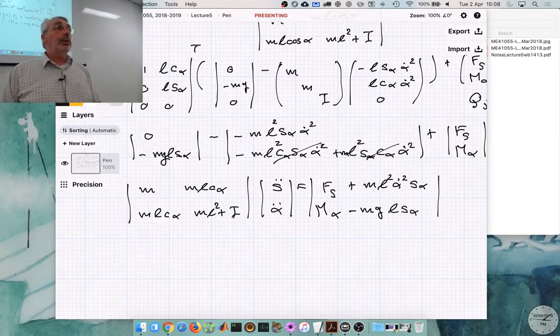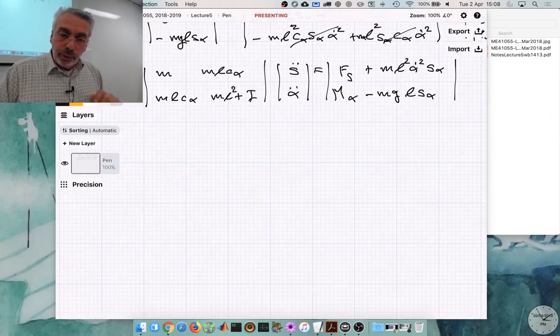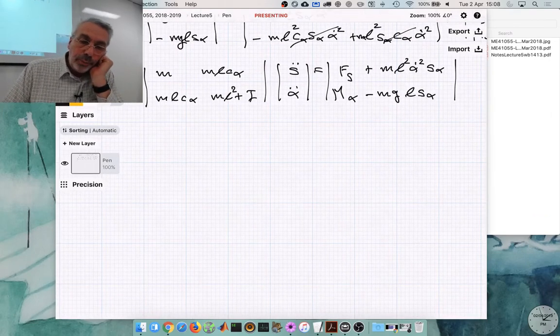So these are just the equation of motion in terms of these generalized coordinates. It's always good to check your work. So the first check we could do is dimensions.